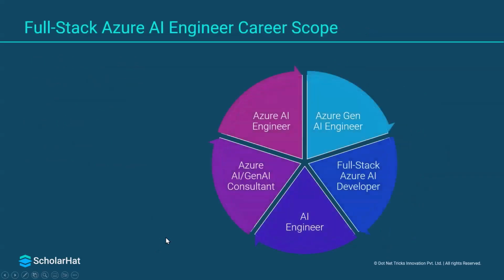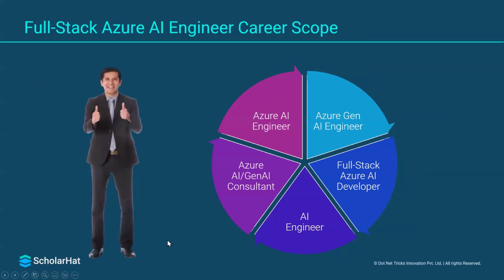So now the question is, what is the career scope of a full stack Azure engineer? Looking from the career perspective, you can work as an Azure AI engineer, generative AI engineer, or full stack Azure AI developer.